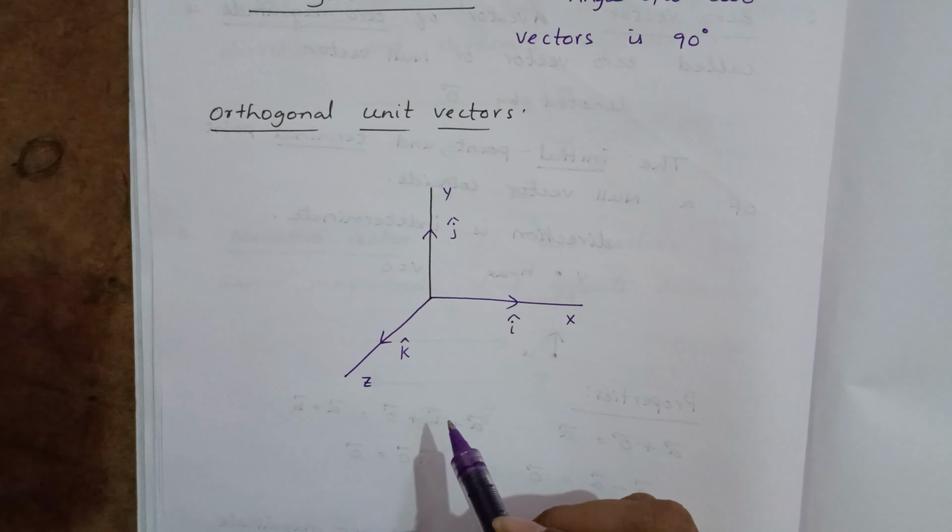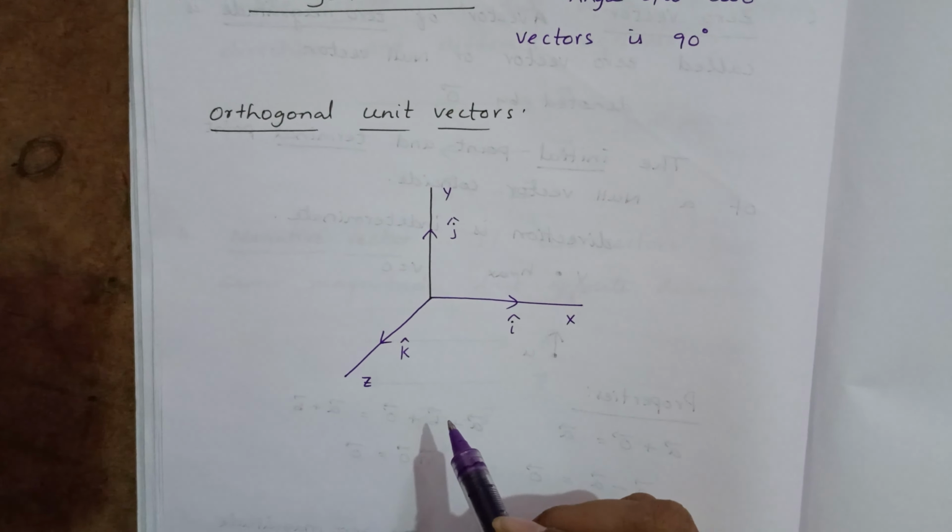Okay. Now, this i can be written as the unit vector of i. Already we know about unit vectors. So, x vector is x by magnitude of x, so x vector equals magnitude of x into i cap.